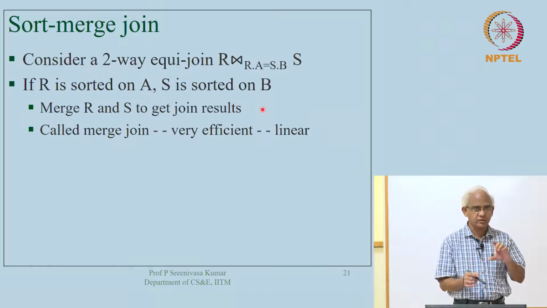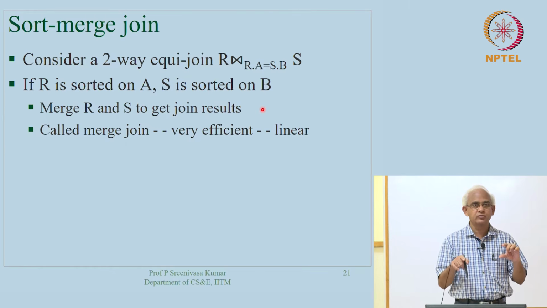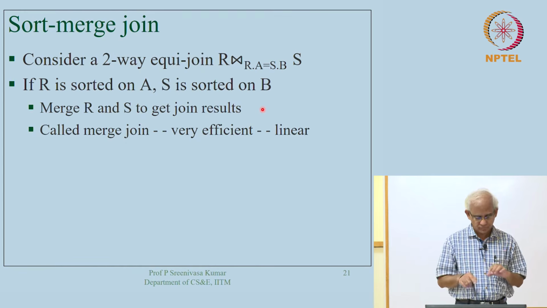The advantage here is that if you are considering a particular value x in the sorted file, approximately all the matching records will be at the same place in the other file, because that is also sorted. So, you do not have to go all over the file to figure out the matching results.